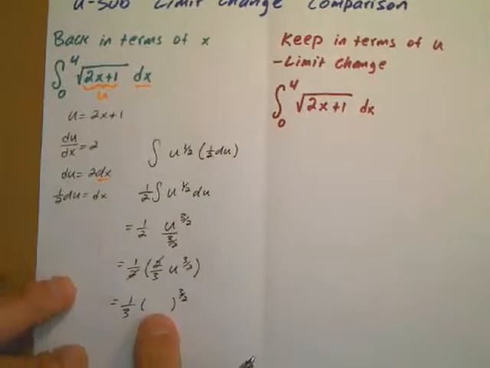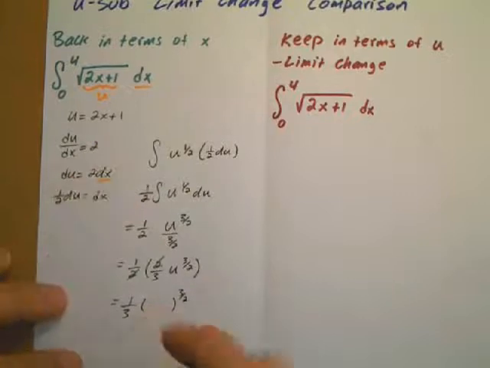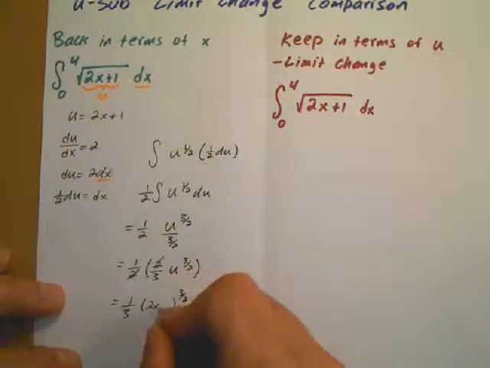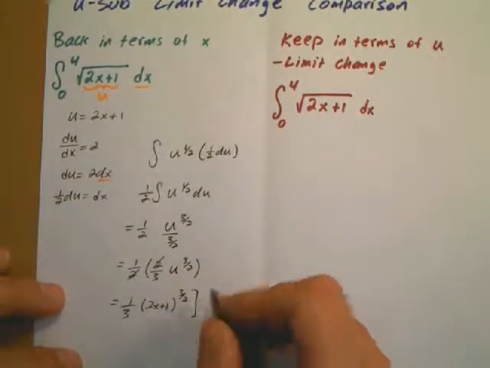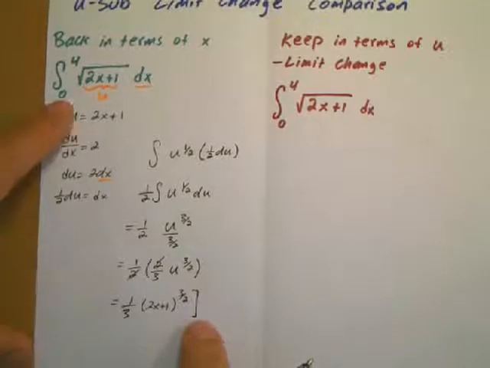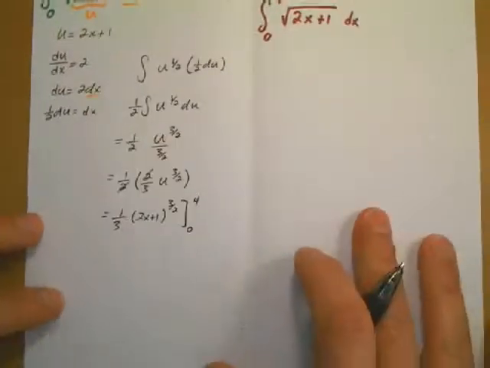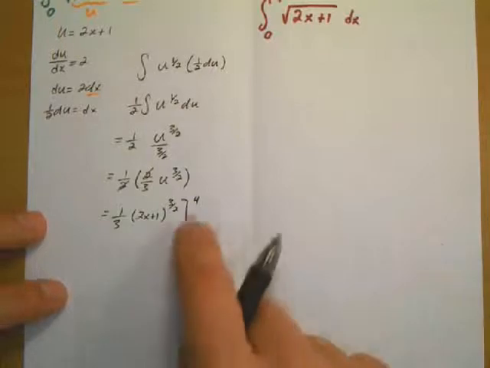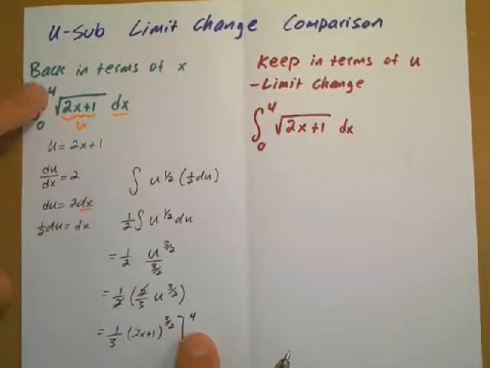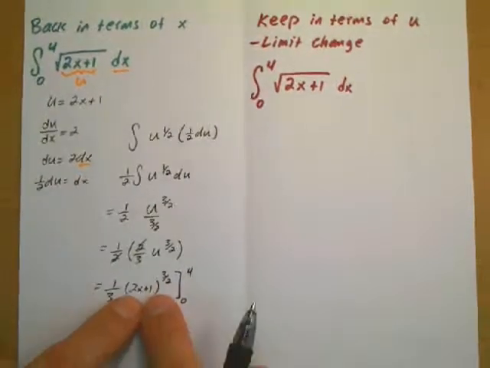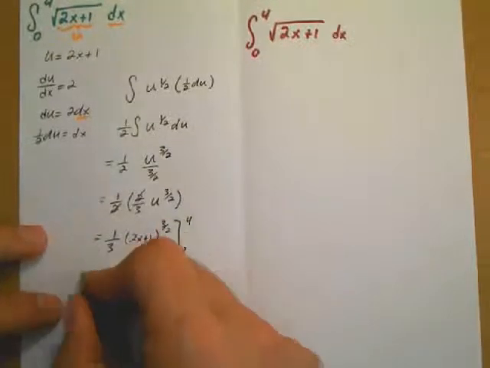Now it's an integral back in terms of x. I'm going to put this as 2x plus 1, and then go back to my initial limits, 0 and 4. So if I go back to my initial limits of 0 and 4, I have to go back in terms of x. So this now becomes 1 over 3.